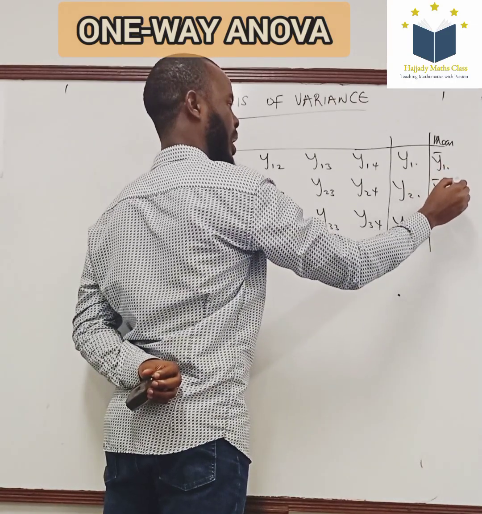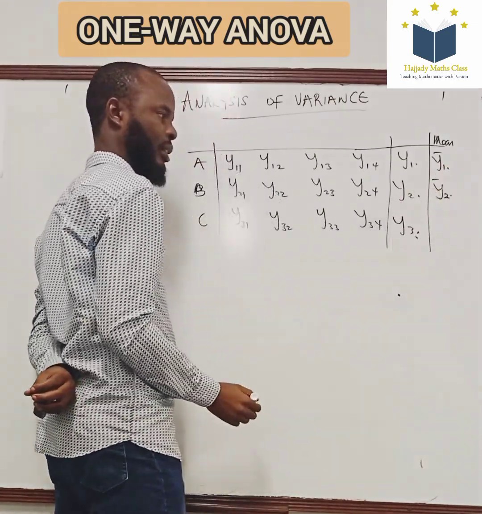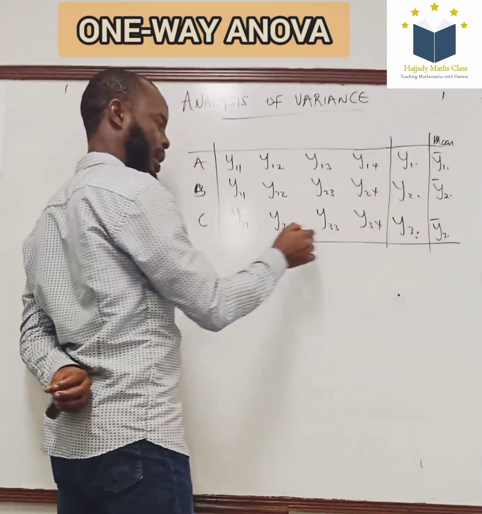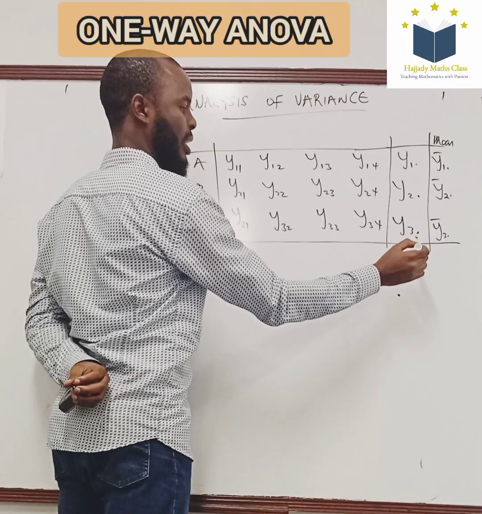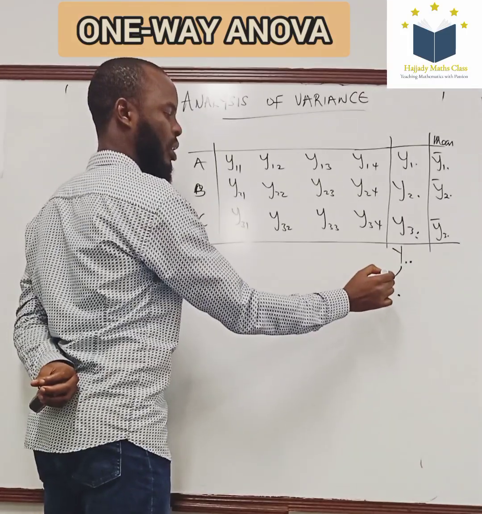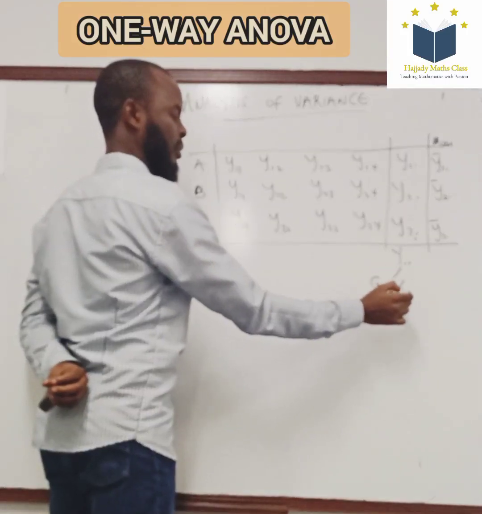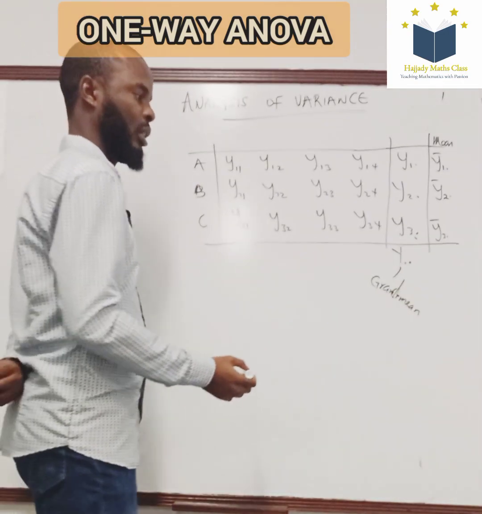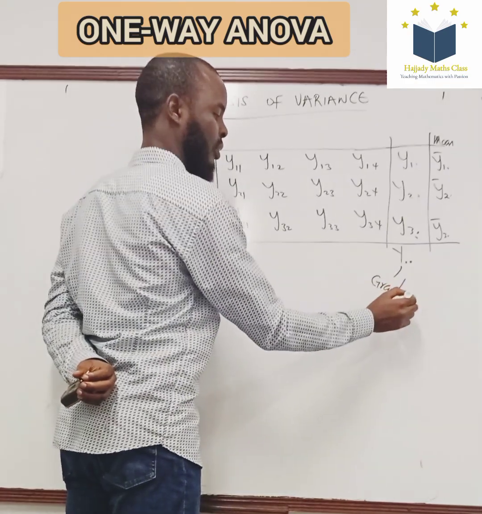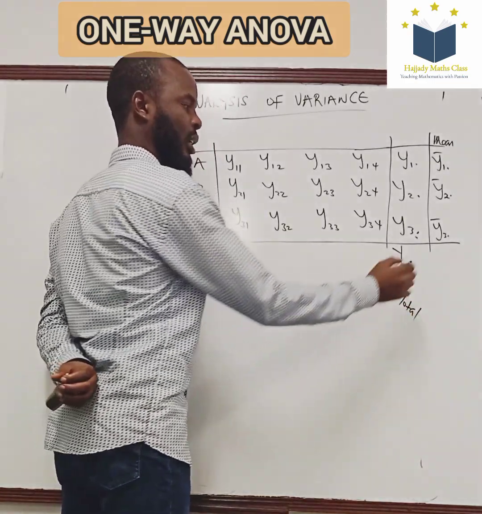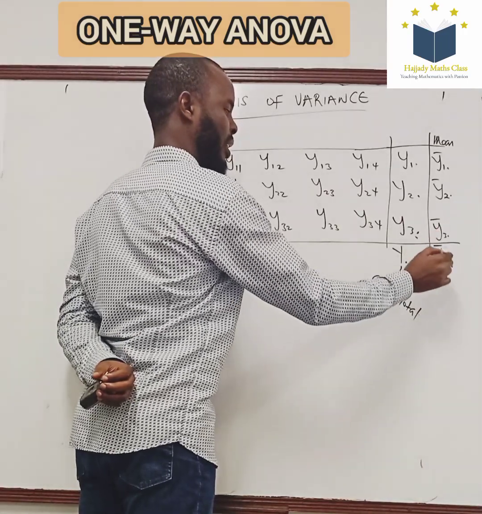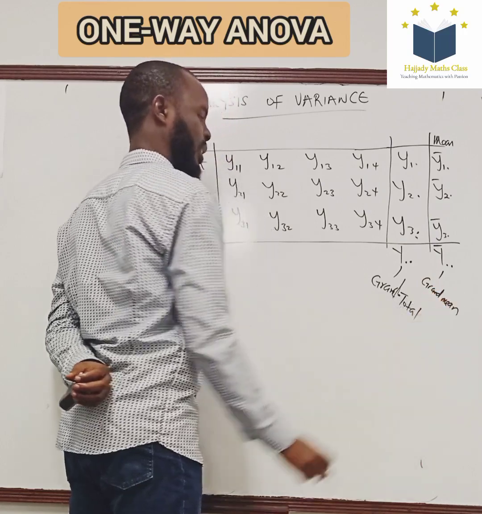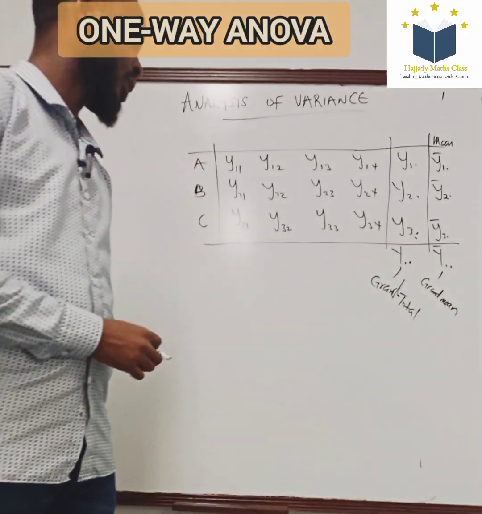Here you have your y2 dot bar, and here y3 dot bar. Overall here, this is y dot dot, which we call the grand total, or the overall total. So y dot dot bar is called the grand mean, or the overall mean. So this is what we have.